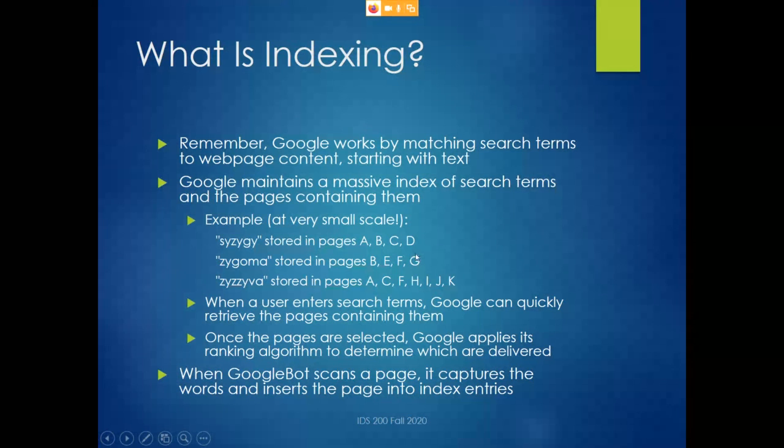So, for example, if syzygy was stored in pages A, B, C, and D, and zygoma was stored in pages B, E, F, and G, and zizava was stored in pages A, C, F, H, I, J, and K, then when a user entered some of those search terms, Google would quickly scan through the index to retrieve the pages containing them. This is a lot faster than having to scan every individual page for every search and verify whether those pages contain those words. So, once Google has figured out the set of pages that are selected, then it applies its ranking algorithm to determine which ones get delivered.